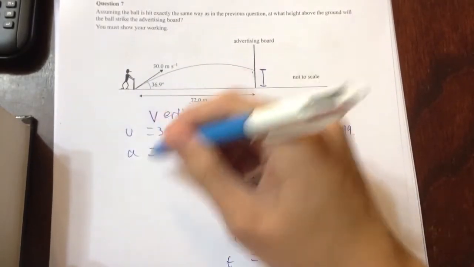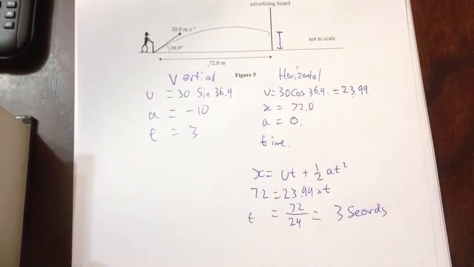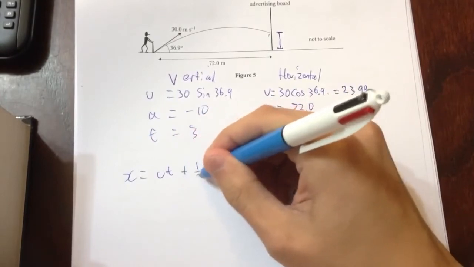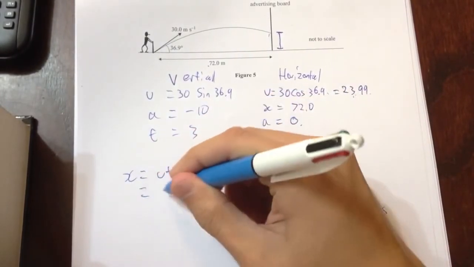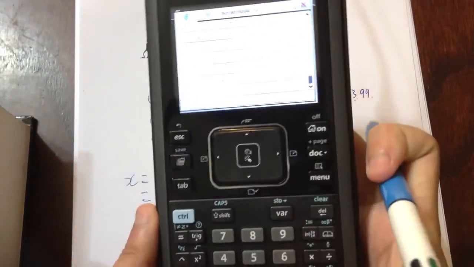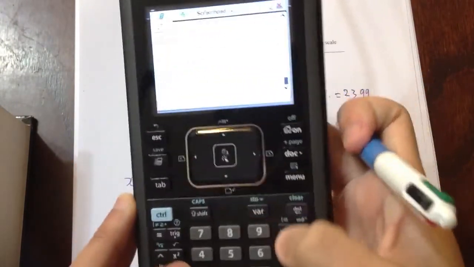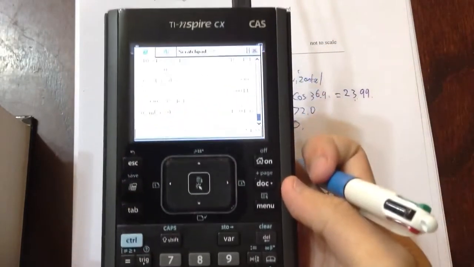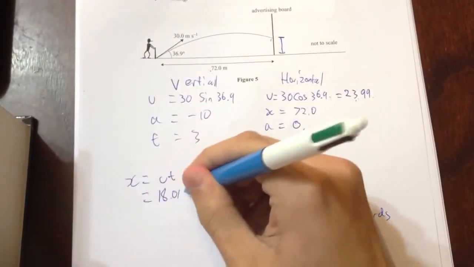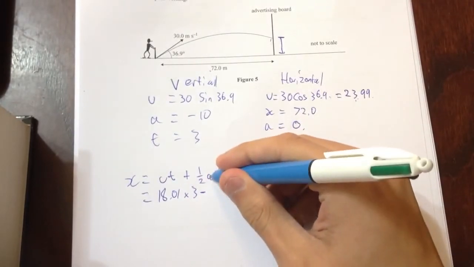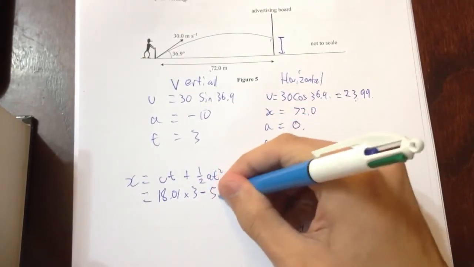Now if we want to find the distance, we have u equals that, acceleration equals minus 10, and time equals 3. We just use that same formula, XUAT. x equals ut plus half at squared. x equals 30 sine 36.9, which is 18.01, times 3, minus half times 10, because acceleration is minus 10, minus 5 times 3 squared.